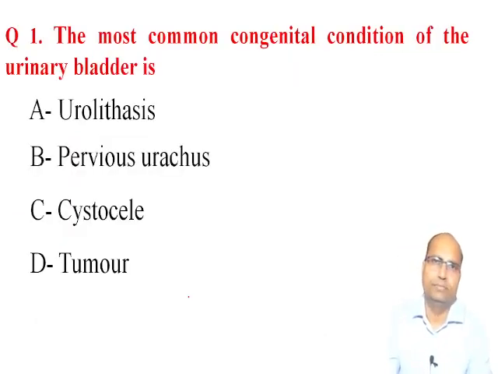Question number 1. The most common congenital condition of the urinary bladder is A. Urolithiasis, B. Pervious urachus, C. Cystocele, D. Tumor.